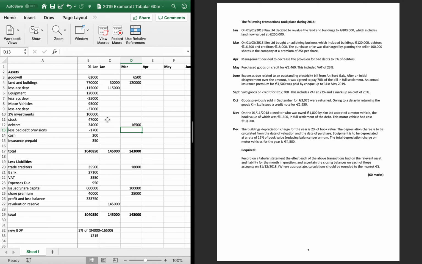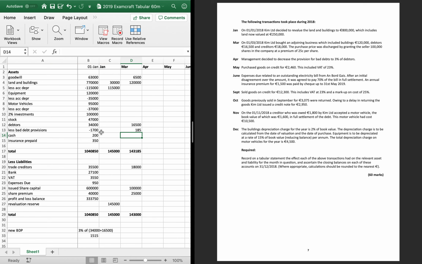What would that be? That should be 50,500. So that'll be 1515. So the difference between the two of those is 1700 minus 1515 is 185. So to go down by 185, you have to add it back on because bad debt provision is a minus.